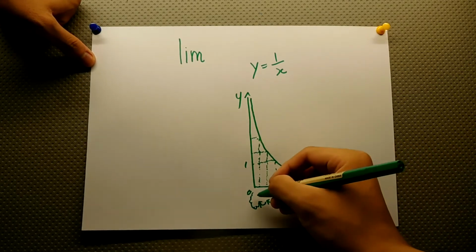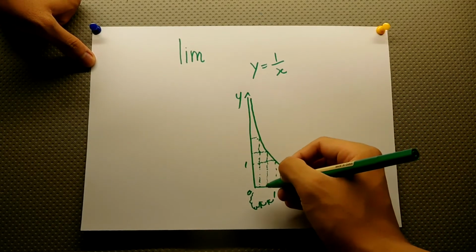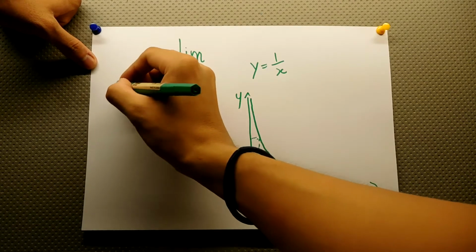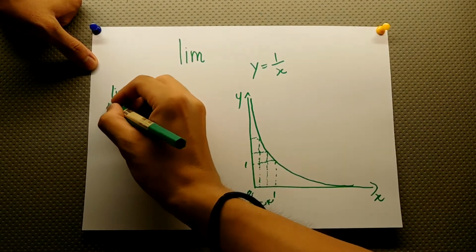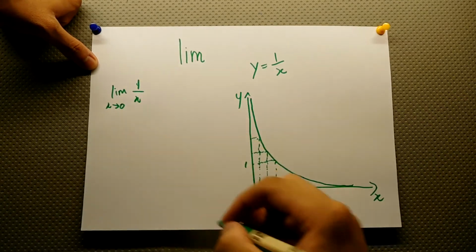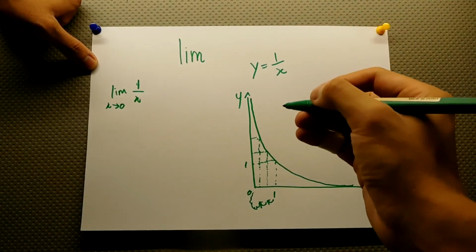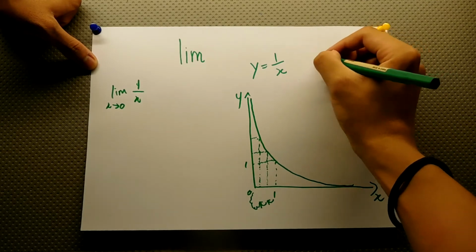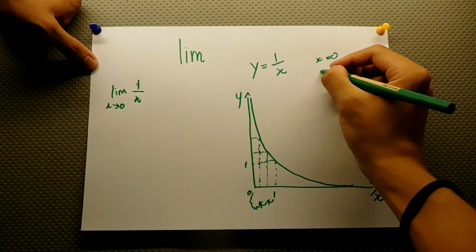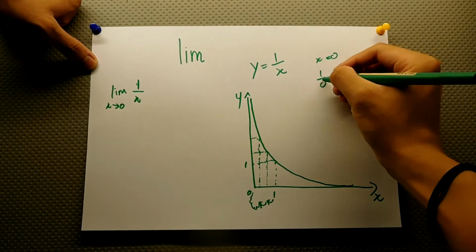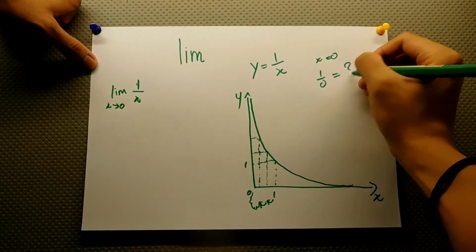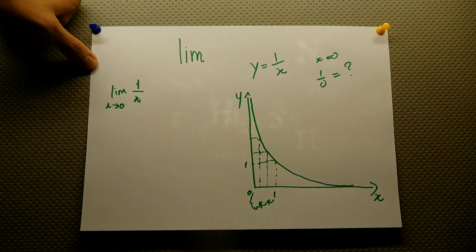So we can express this process as the limit of 1 over x as x approaches 0. In mathematics, you can't really have x equals 0 in 1 over 0, because 1 divided by 0 is, you're breaking math. It doesn't exist.